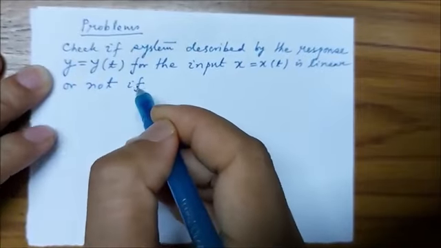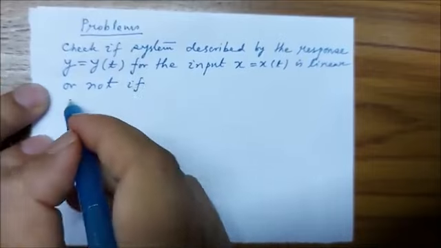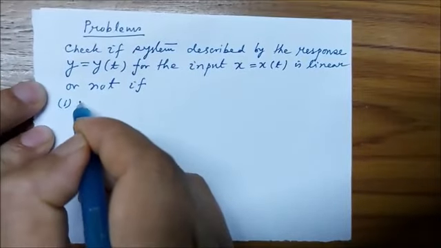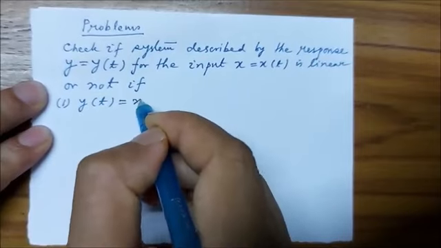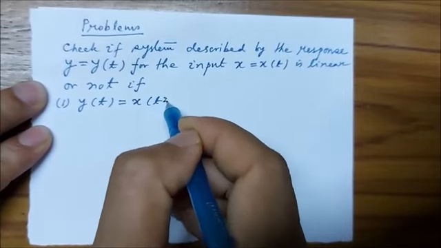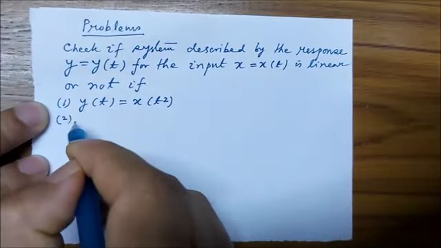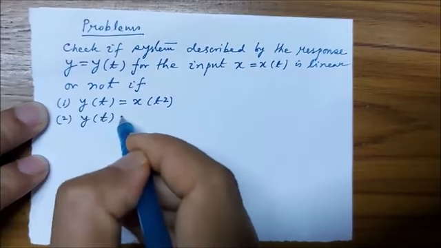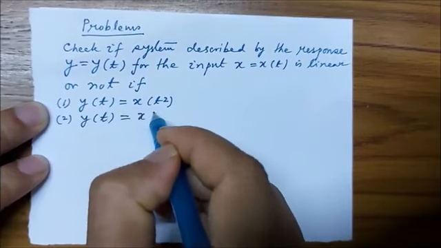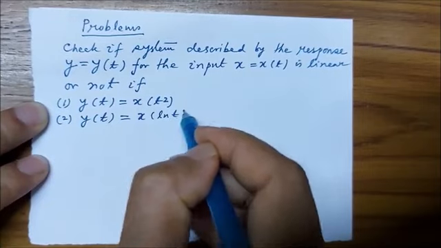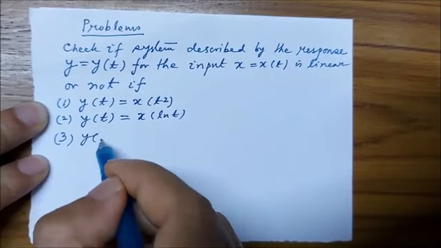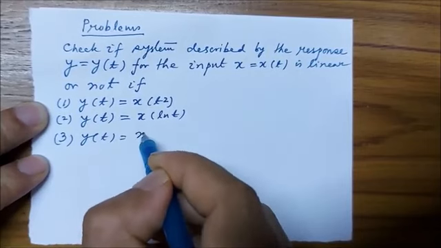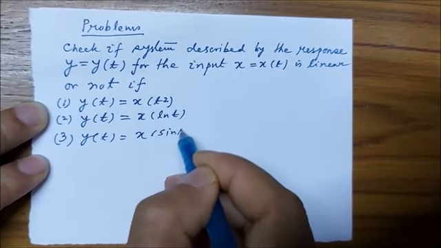So, the first problem is x of t squared, the second problem is x of ln t, and the third problem is x of sine of t.